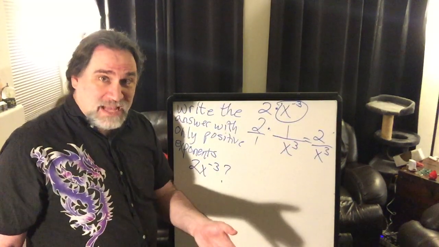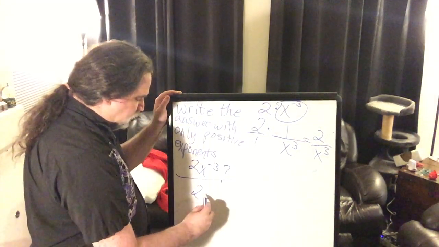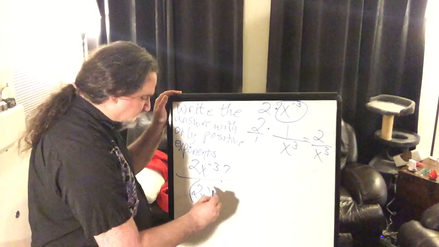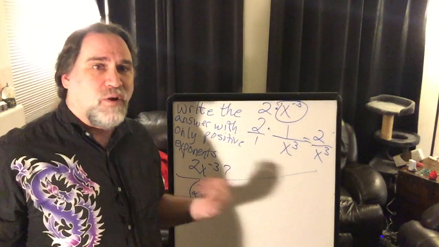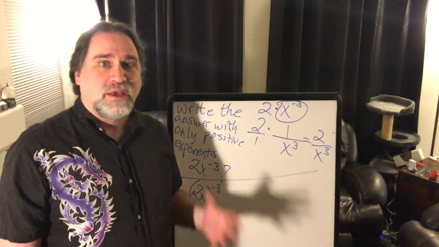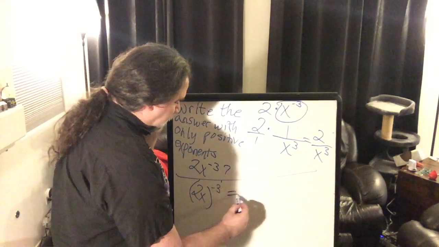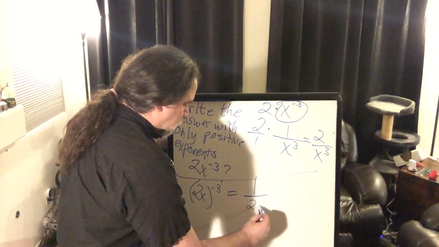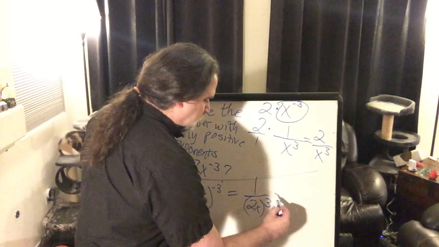Now, if I wanted that to happen, I would write it like this, 2x, and then I'd put that in parentheses, and that whole thing would be to the negative third. Now I can apply the exponent to everything in the parentheses. So I can now rewrite this as 1 over 2x, parentheses, to the positive 3.